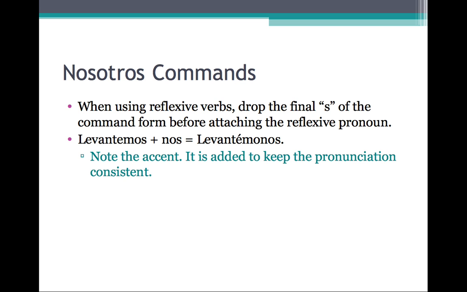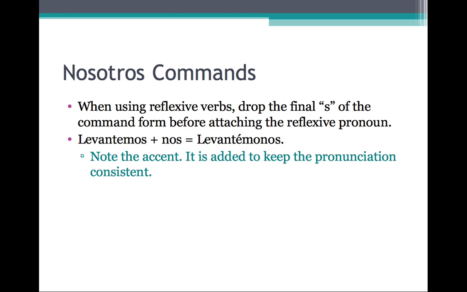And so instead of saying levantemos nos, because remember you attach them on the affirmative commands, you drop off the S on levantemos, and you add the nos. Notice there's an accent in that levantémonos. Okay, because you want to maintain that same sound of the verb. And you want to keep that pronunciation consistent.